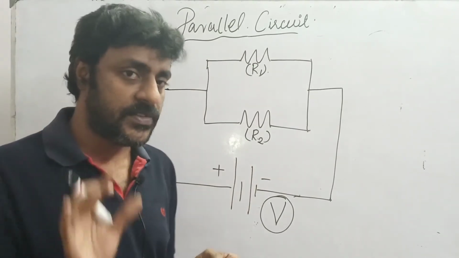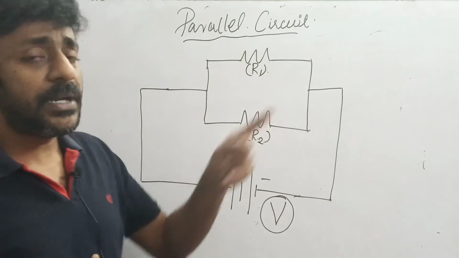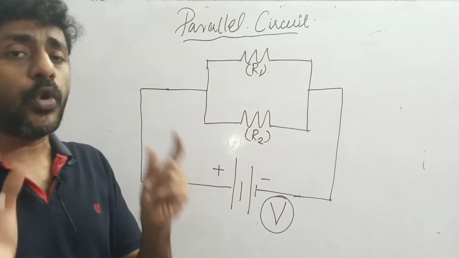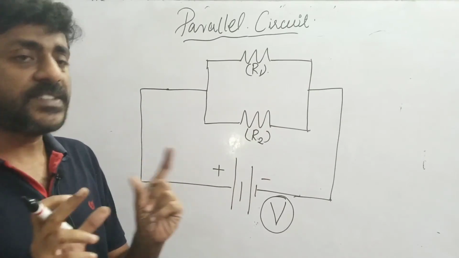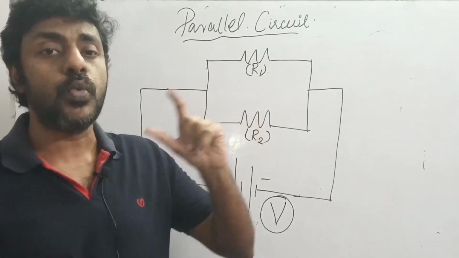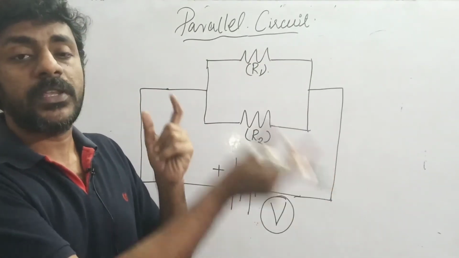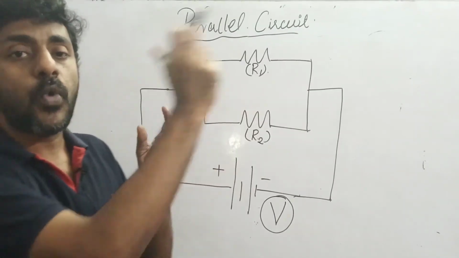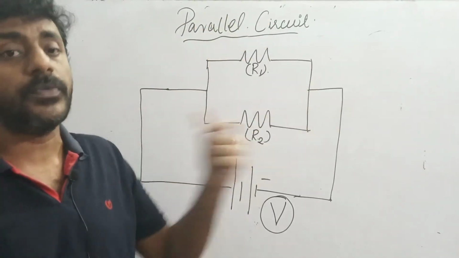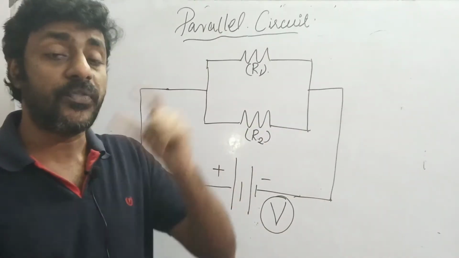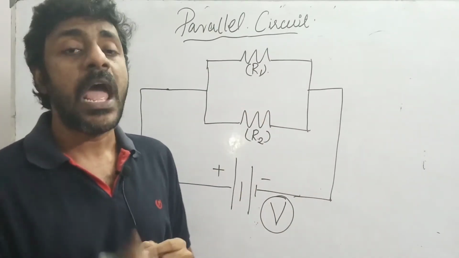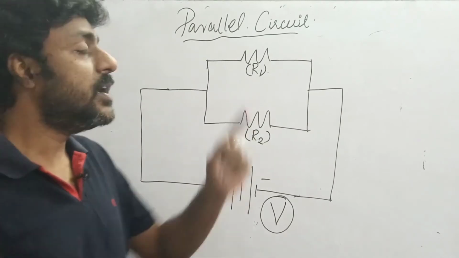So there won't be any change in the value of the current as far as a series circuit is concerned. But what will happen to the voltage when you connect voltmeters across the resistors? The voltage developed across each resistor will be different. So you'll have different values of voltage in a series circuit, and the value of the current will be the same.